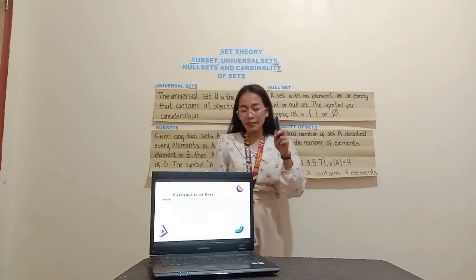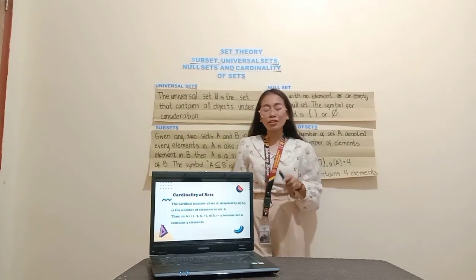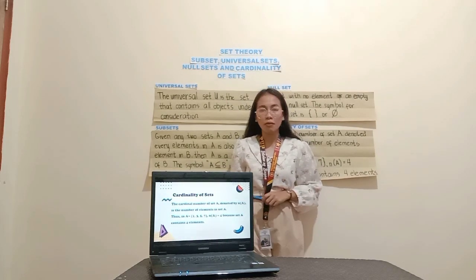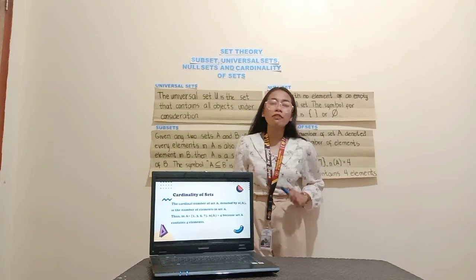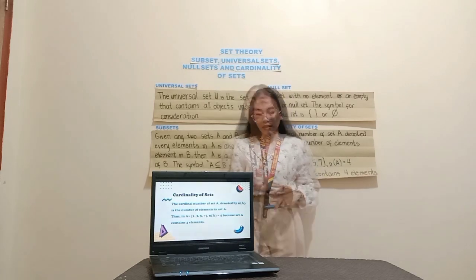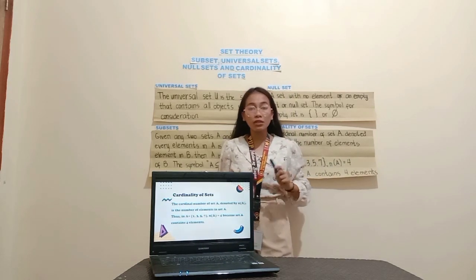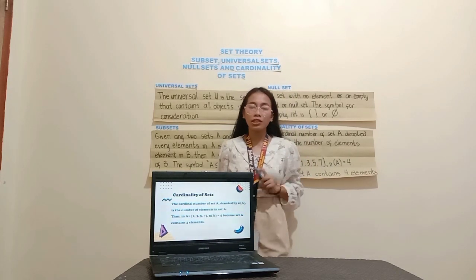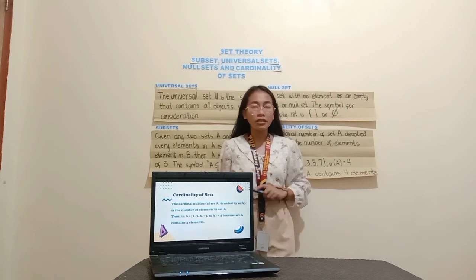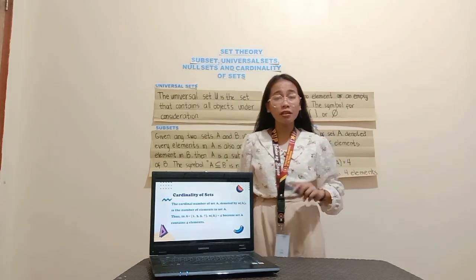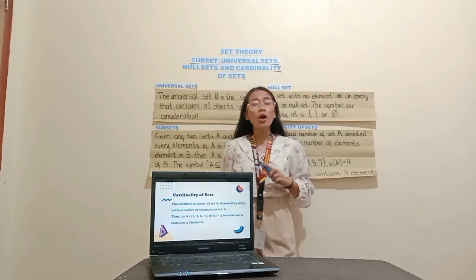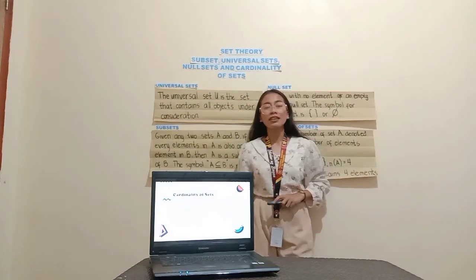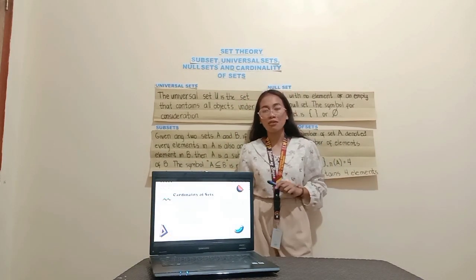Let's have an example. The set D is the vowels of the English alphabet. How many vowels do we have in the alphabet? What we have to do is to list all the vowels. So D is equal to the set of A, E, I, O, and U. So in the set D, we have 5 elements.